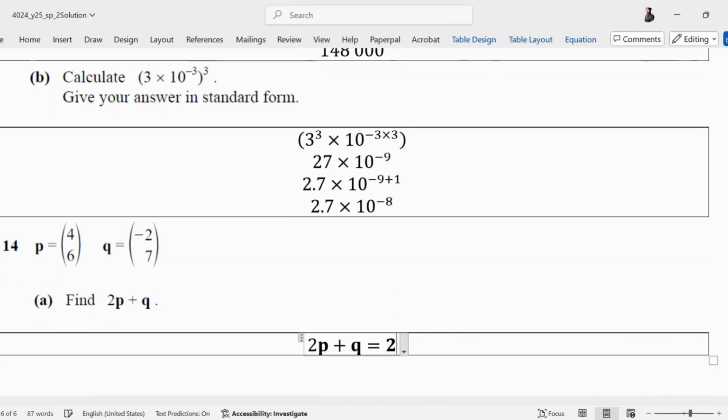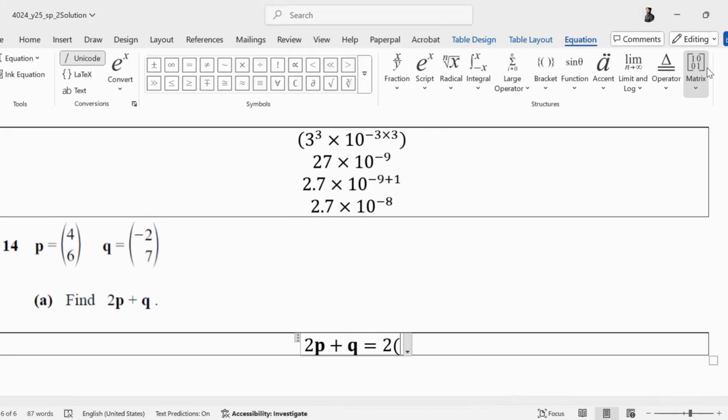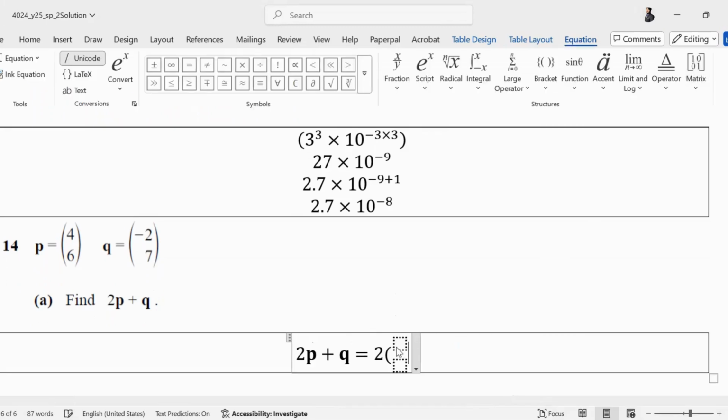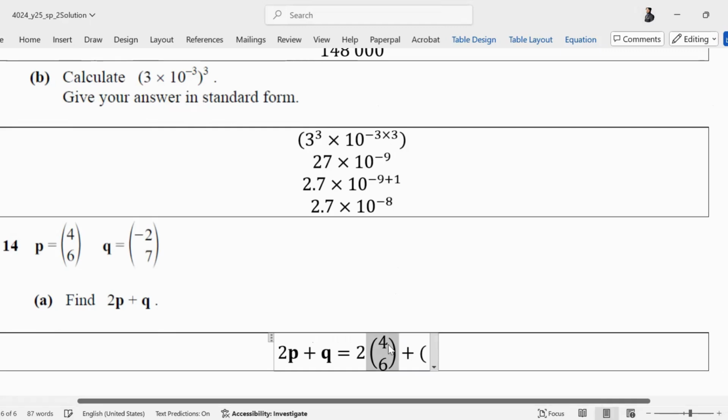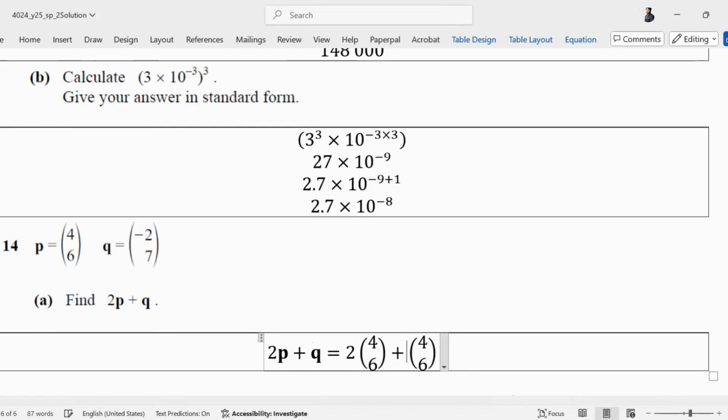So 2 times, I'll write the vector p, 4 and 6. Remember, it's not a fraction, it is a vector. Some of you make this very silly error of mistaking it for a fraction. Then 2p plus q, where q is minus 2 and then 7.